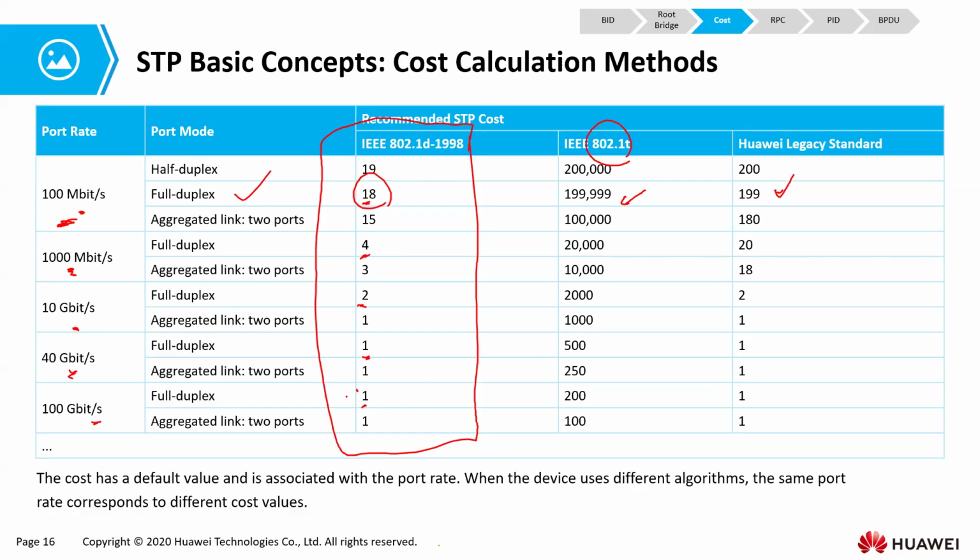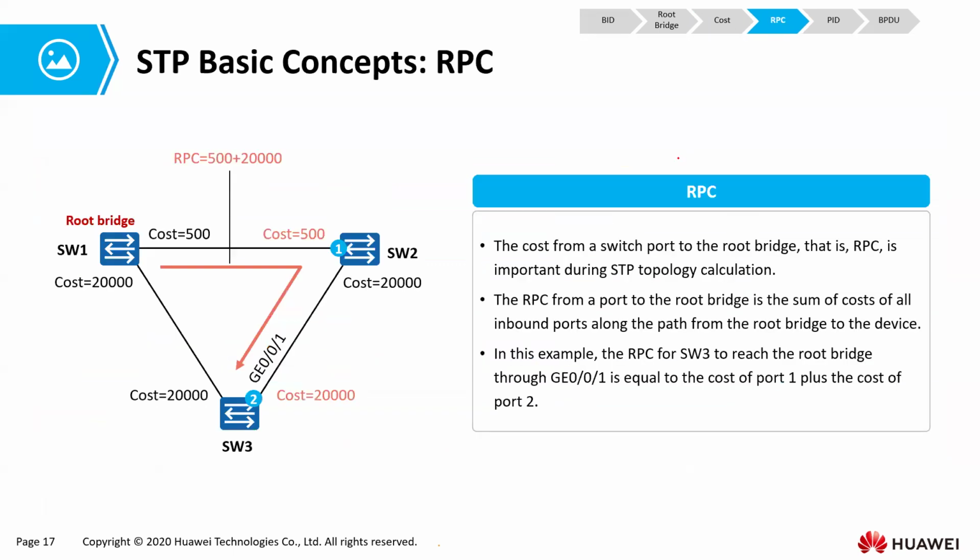So the lower the cost, the more preferred the link is. If my port speed or bandwidth is very low, it means my cost is a bit high. That's the relationship between the port cost and bandwidth.